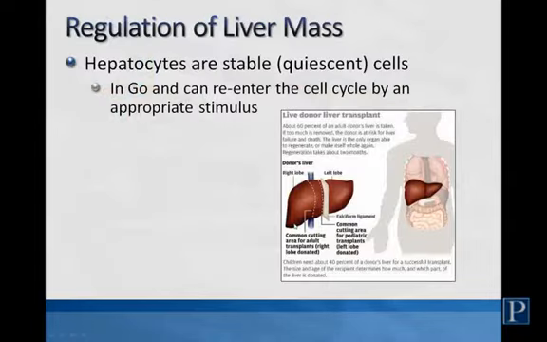Now, what about people who have significant cirrhosis or hepatitis, where they've lost a significant amount of liver function? Well, they can have a liver transplant. The liver cells are pretty good cells.